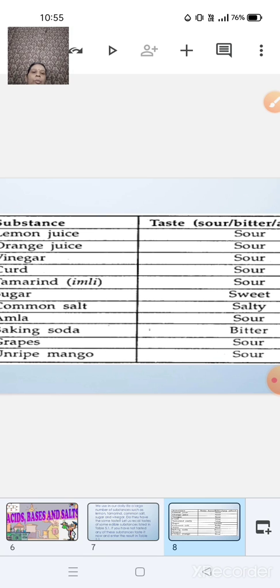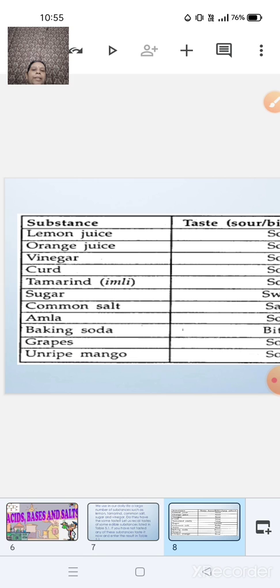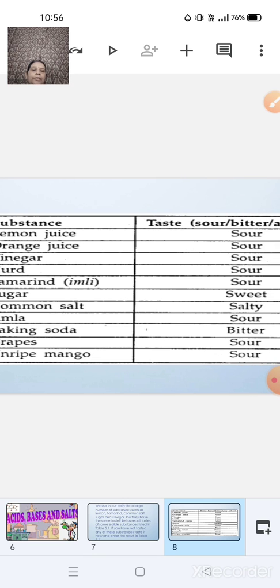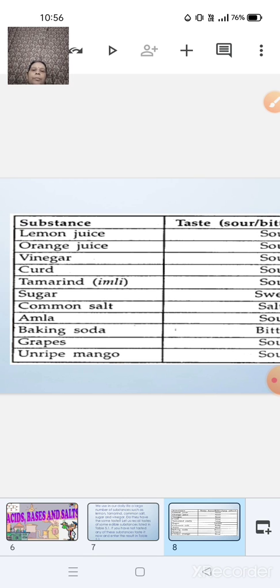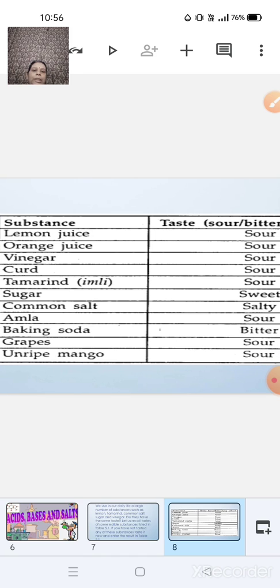I hope all of you can take a lemon, taste it, and you will come to know that it is sour in taste. You can perform this activity at home also. Orange juice is also sour in taste. Vinegar is sour in taste. The curd that we eat is sour.